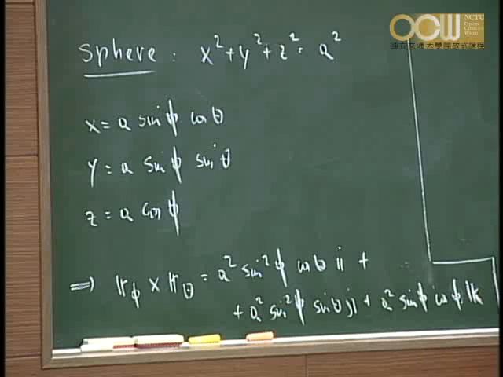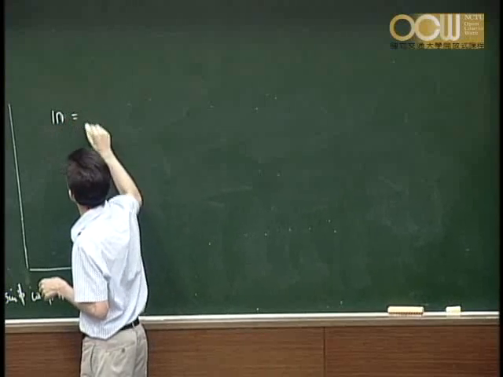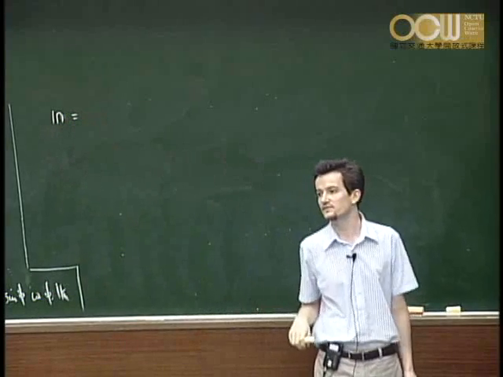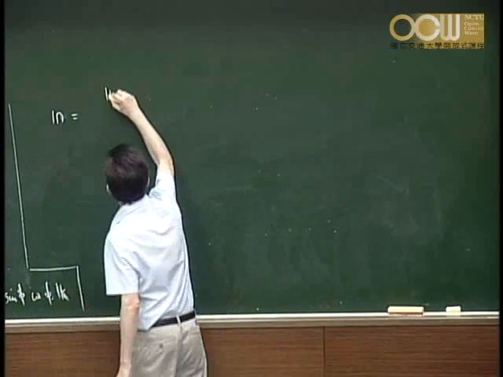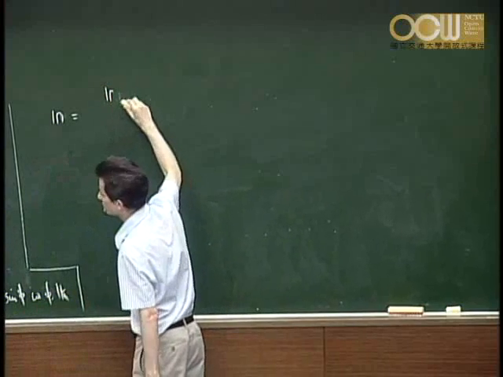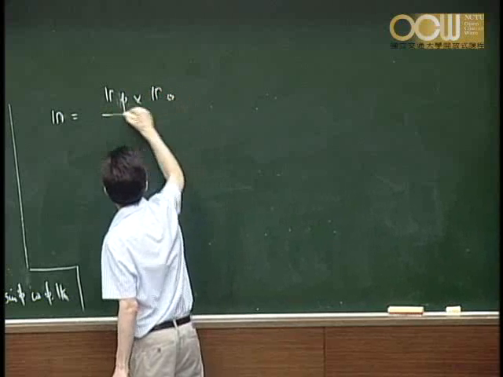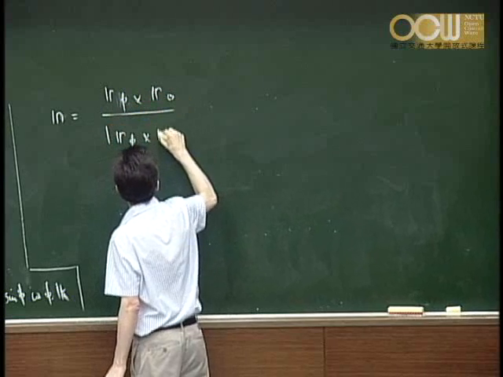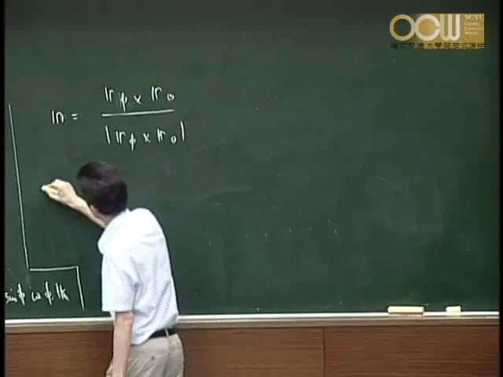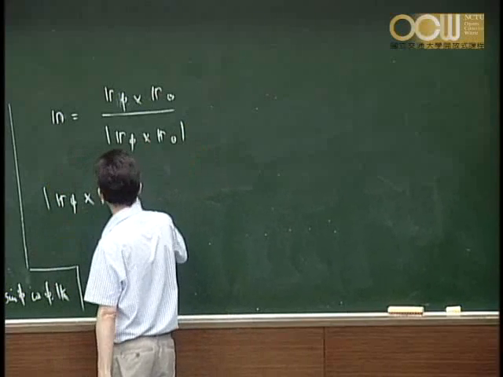Now you see, because this is a parametric surface, one possible choice of the unit normal vector is this one. So you see that we have to compute the length of this vector here.